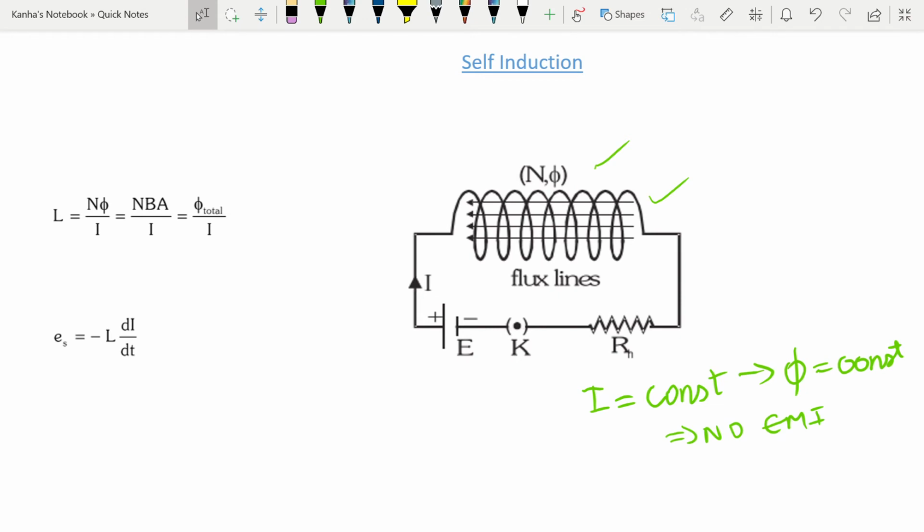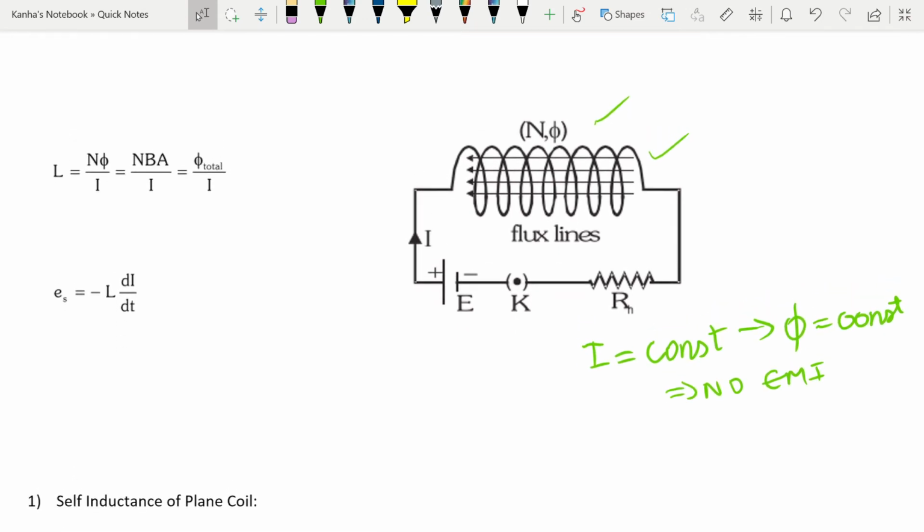So the total flux of the coil is nothing but N phi, and this is proportional to the current through the coil.